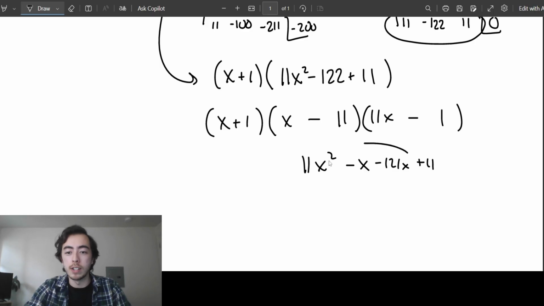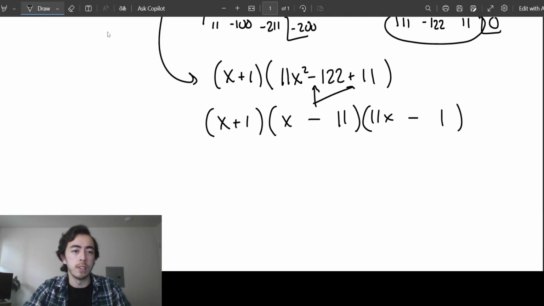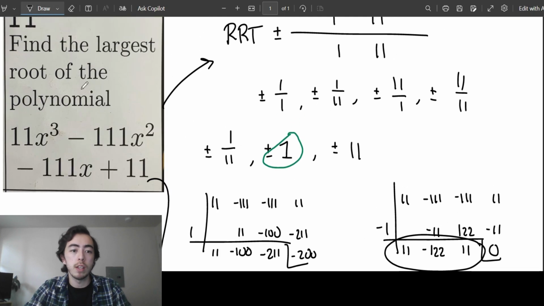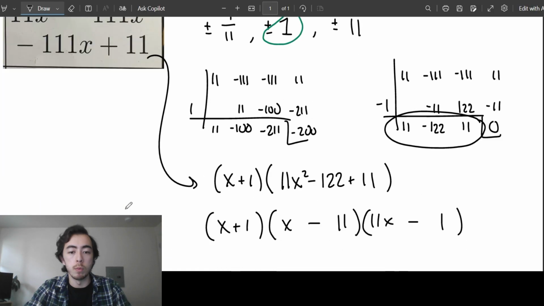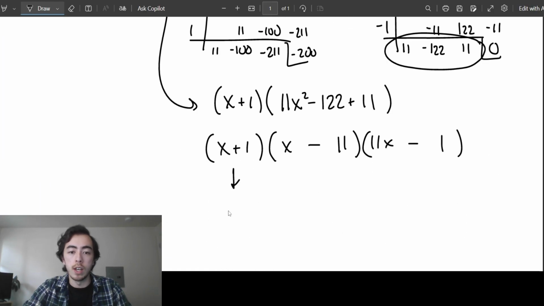Oh, cool. All right. I just stumbled upon the right factoring of this. Wasn't too hard given the features of the positive and the negative signs and the fact that my a and c values were both prime. But anyhow, I have now completely factored my polynomial, and this shows that I have roots of negative 1, of 11, and then finally of 1/11th.